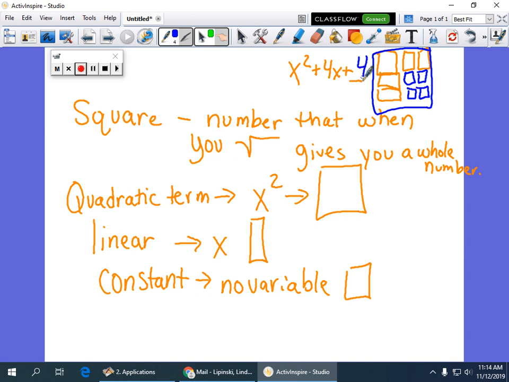Your teacher might have, to save time, done this, and gone 1, 2, 3, 1, 2, 3. Where they meet up, you put a dot. So if I have x squared plus 6x, the last piece would be 9. Okay, are we good?